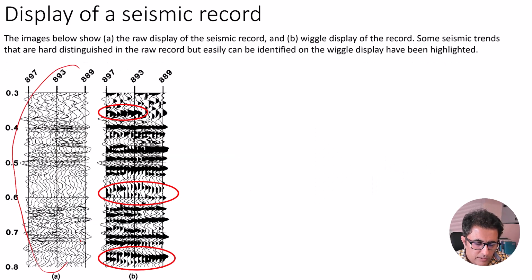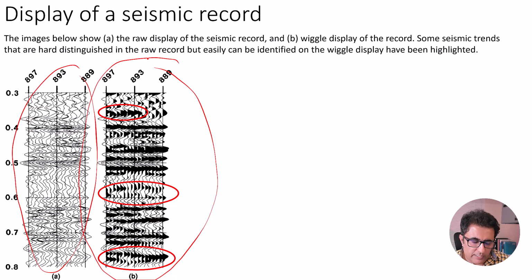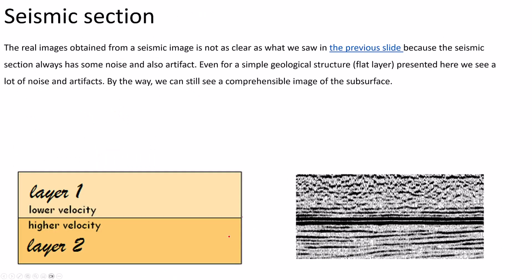This image shows a raw seismic section, and this shows the seismic section with Wiggle display. I believe that even just looking at this simple example, you easily note that there are several features that can be more easily distinguished in the Wiggle representation. If we have two geological boundaries, this is something that we get from the seismic image.